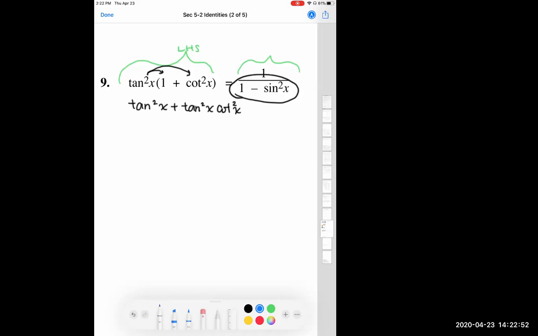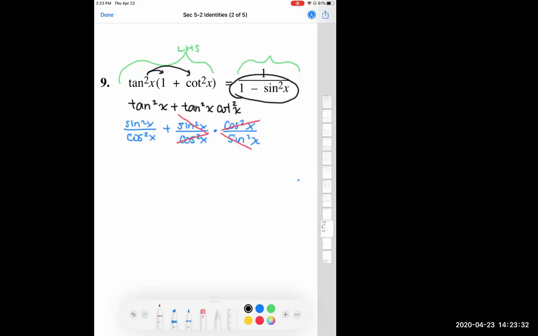If we do, tangent is sine over cosine, so we have sine squared of x over cosine squared of x, plus sine squared of x over cosine squared of x times cotangent, which is the reciprocal, so I have cosine squared of x over sine squared of x. Well, something cool happens, right? Here we see these cancel to make 1. They divide to make 1.